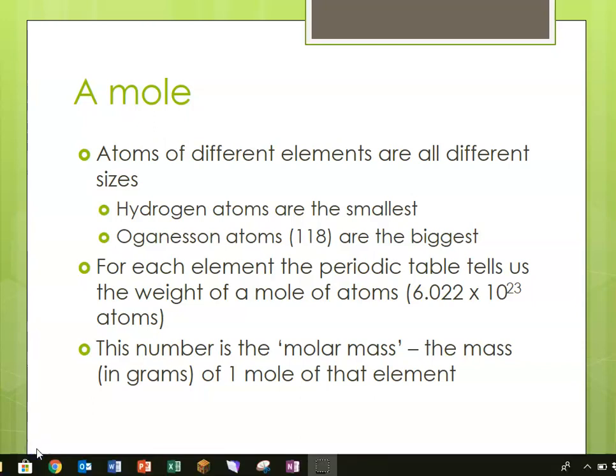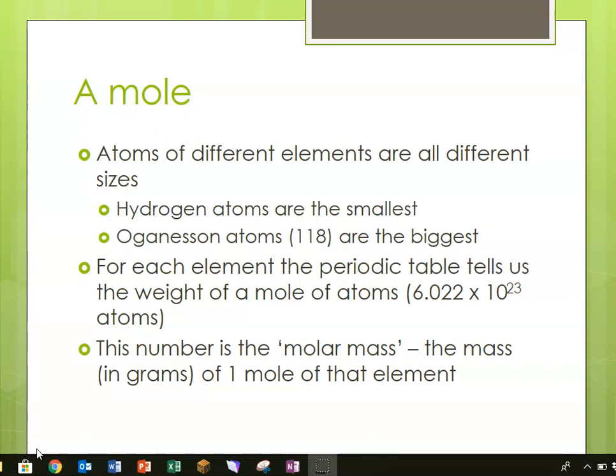Okay, so the periodic table gives us some really interesting pieces of information. It tells us how much 1 mole of atoms weighs. A mole of atoms is this ridiculous number, 6.022 times 10 to the power of 23 atoms. It's very useful because when we look on the periodic table and we see that number that you've always been told is the mass number, what that actually tells us is the mass in grams of 1 mole of that element.